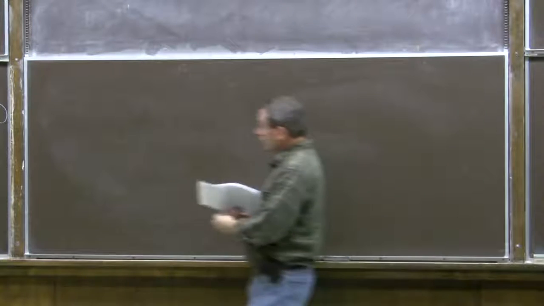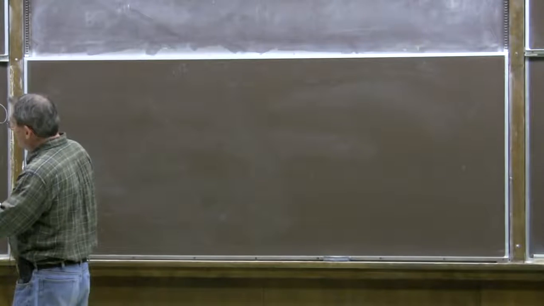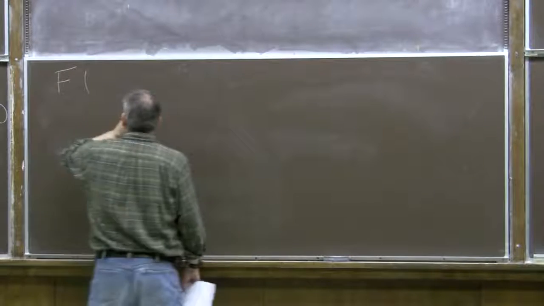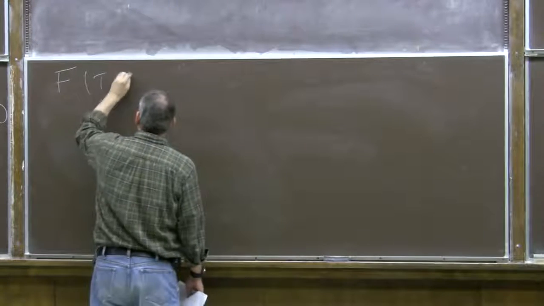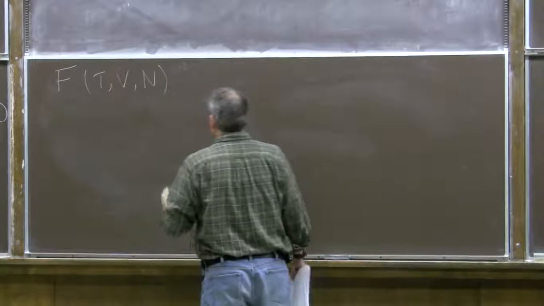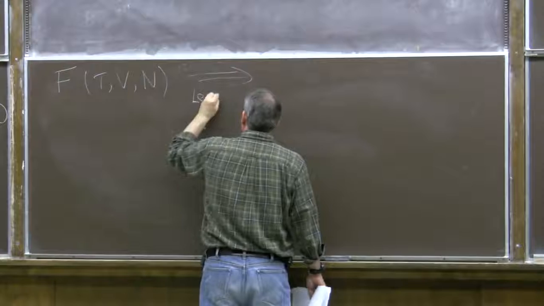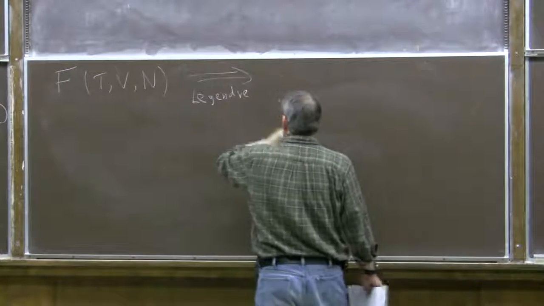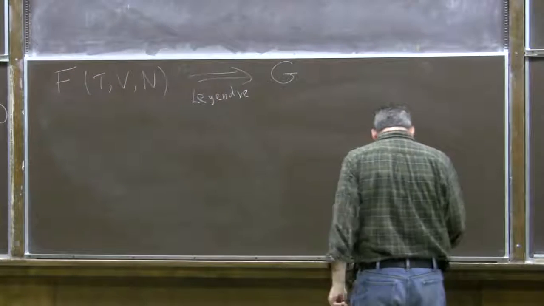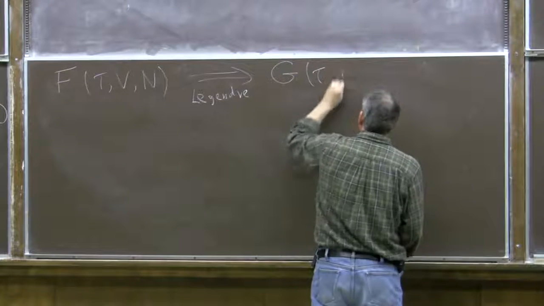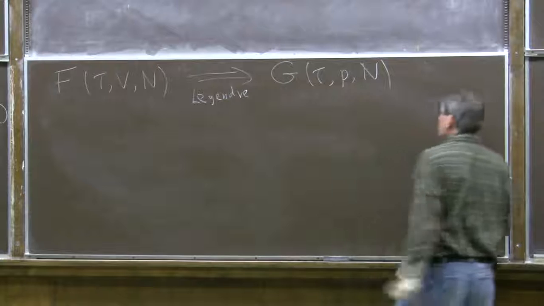So again, we can obtain a function whereas the free energy is a function of temperature, volume, and number of particles. We can do a Legendre transform to obtain a function G, which we can regard as a function of the temperature, the pressure, and the number of particles.